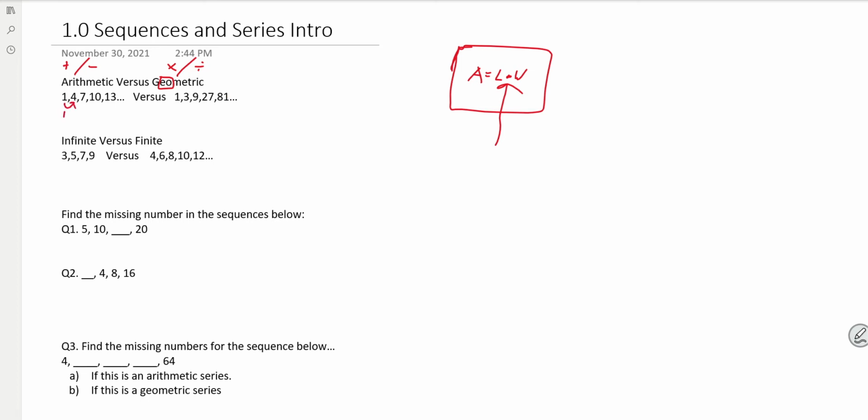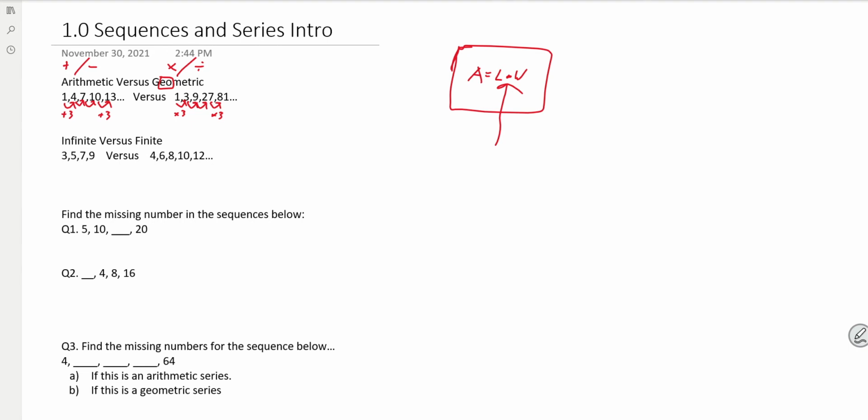So adding 3 every time, right? Hopefully you can see that. It's adding 3 every time. Whereas this is multiplying by 3, so times by 3 every time. And hopefully you can also see that over the course of 5 terms, there is a significant difference between adding, subtracting versus multiplying and dividing.